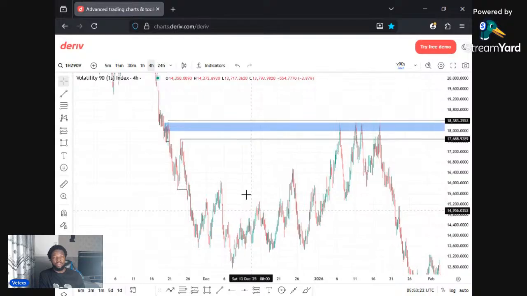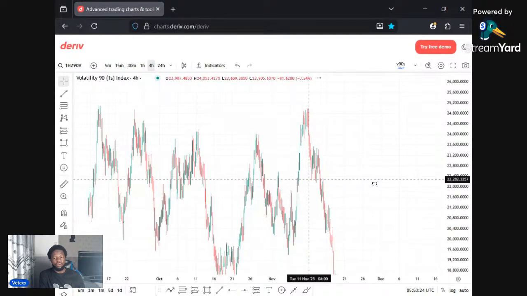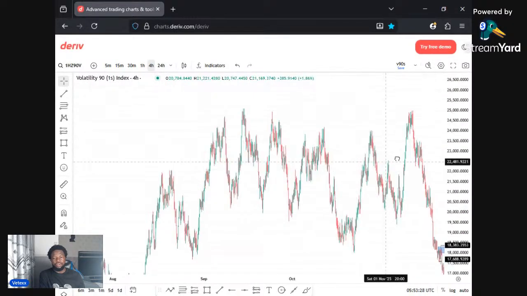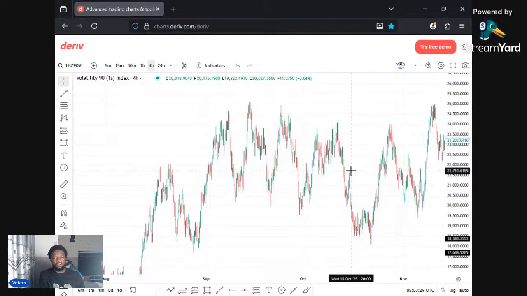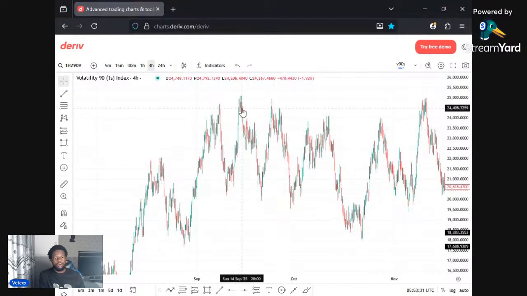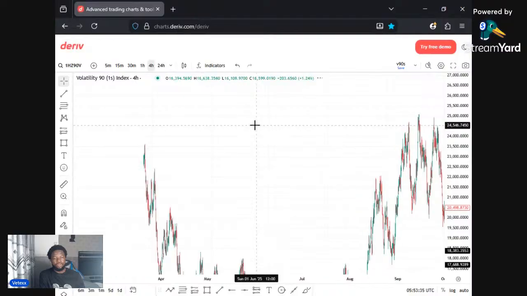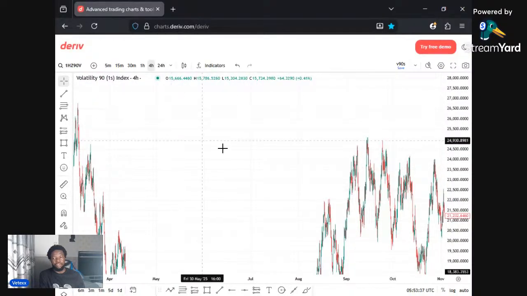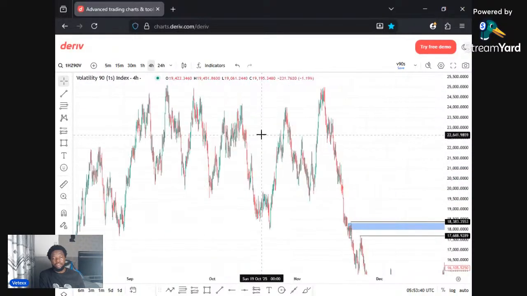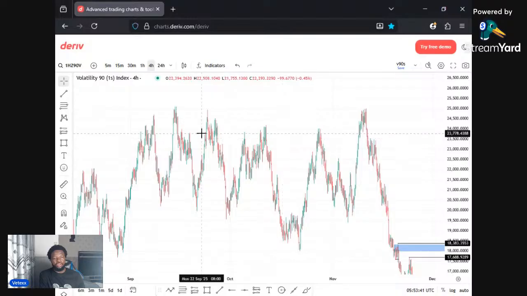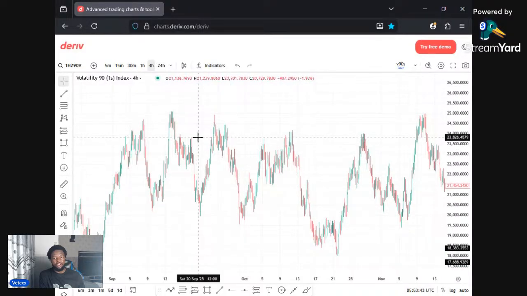Okay, and the same thing happened here. Okay, price tapped into this 4 hour point of interest, and then started moving. Okay, and then it gave this 1 hour point of interest again.